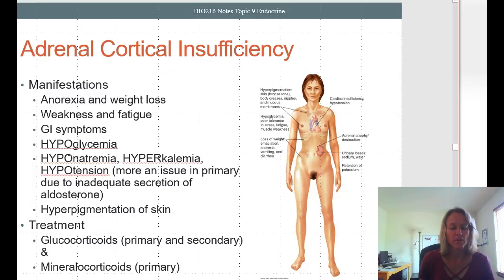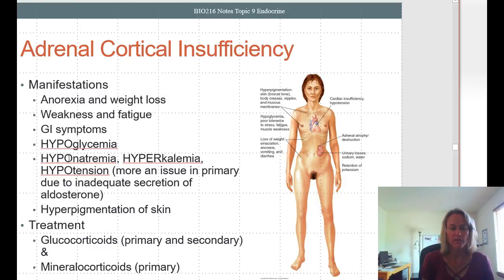If you remember, aldosterone secretion is regulated not only by ACTH, but primarily by the renin-angiotensin-aldosterone system. So if you had a secondary adrenal cortical insufficiency and your ACTH was low, there would still be a stimulus for aldosterone secretion.